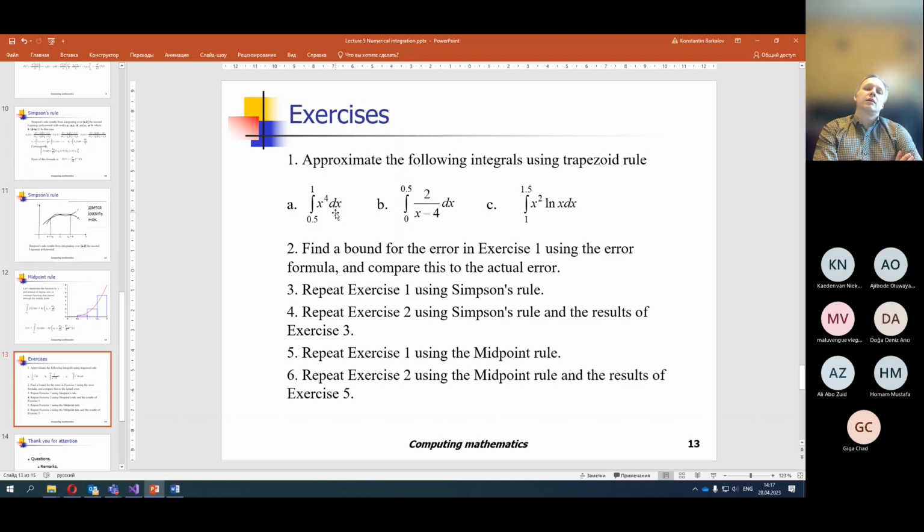Exercise 1 under the letter A. A very simple function, x power 4, the integral from 0.5 to 1. I ask you to compute the value of this integral using these three rules: trapezoid rule, middle point rule, and Simpson's rule. I ask you to do it using pen and paper, to understand how these rules of integration work.